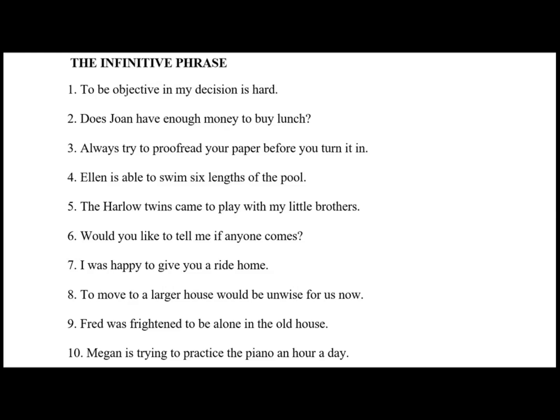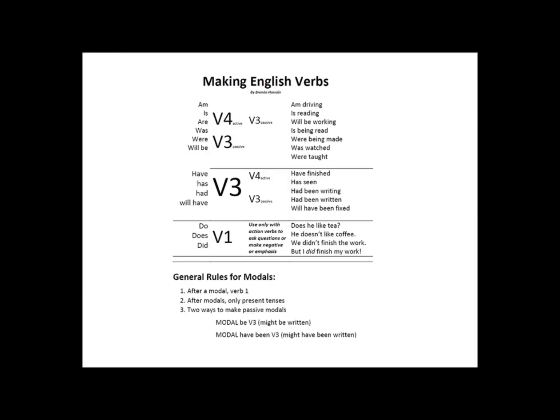After you have learned all your English verbs, which we did on this DVD, we learned all the active and the passive verbs. So when you have learned those, then it's time to look at this. I learned that some of my students really like to have a formula when they're learning even grammar.